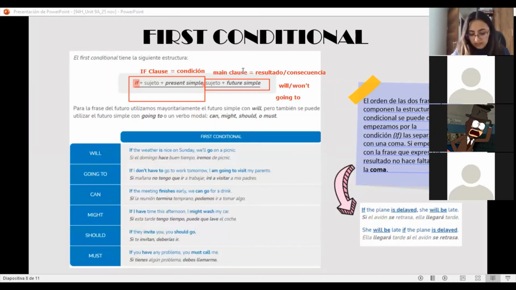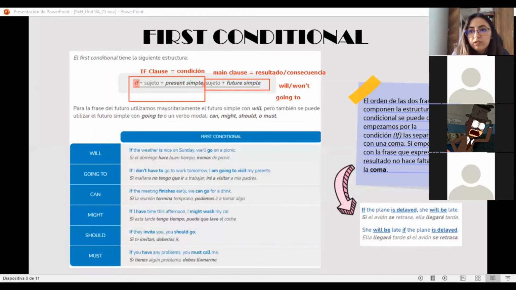Going to. Esas serían las formas, ¿no? Del futuro. Sin embargo, también es posible ocupar o hacer el futuro, ¿sí? Con un verbo modal. Es posible que ocupemos un verbo modal. En este caso, podría ser cualquiera de los de la lista que tenemos aquí.